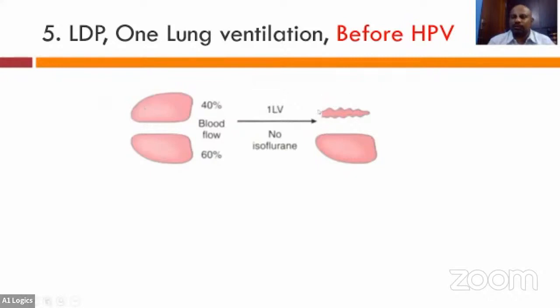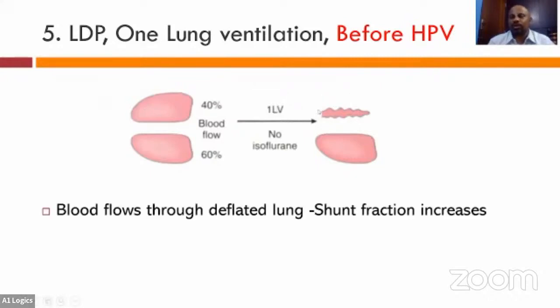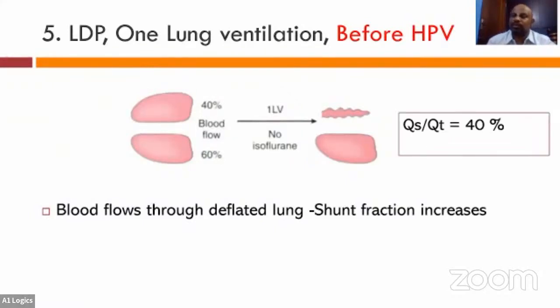This 40% blood is still going to flow through the non-dependent lung, because we only stopped the ventilation; perfusion is still there. The HPV has also not come into effect. So blood flows through the deflated lung and shunt fraction increases. How much? The QS by QT is 40% here. Without HPV, so much deoxygenated blood is going to join the oxygenated blood and the oxygenation drastically decreases.